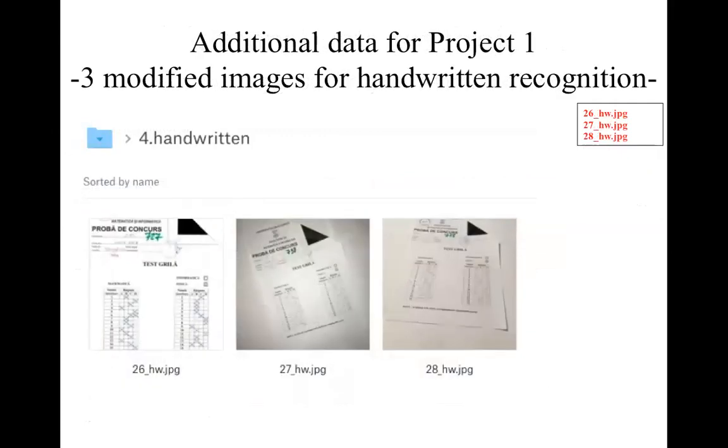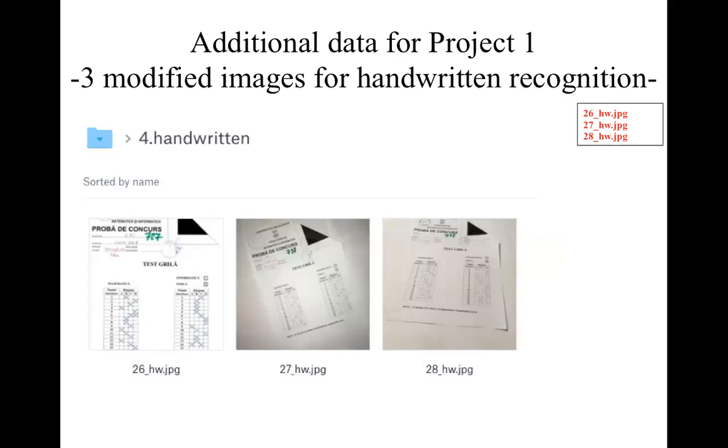In the last folder, handwritten, I only put 3 images, 26, 27, and 28, because you will receive 25 images from us. These are images on which you should detect the grade handwritten in red color.